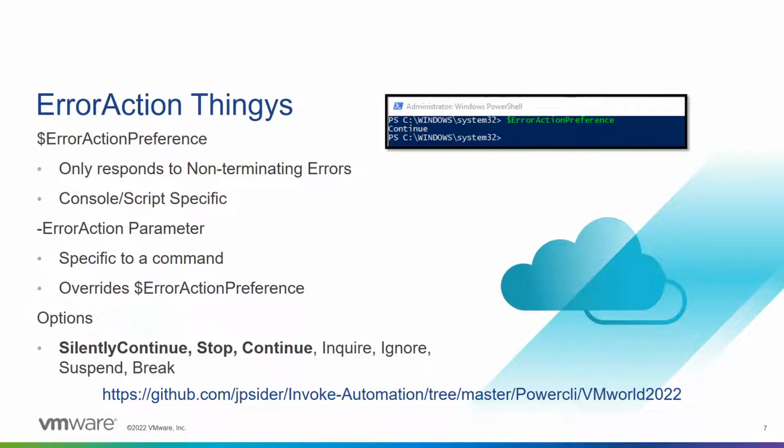I've been doing this PowerShell thing for many years, over a decade, and I can tell you the only 3 I've ever used are SilentlyContinue, Stop, and Continue. Never in my career have I ever used Inquire, Ignore, Suspend, or Break. So certainly go home, Google what those other options might be, and you'll probably also never use them. We're going to focus in on SilentlyContinue, Stop, and Continue in today's demos.